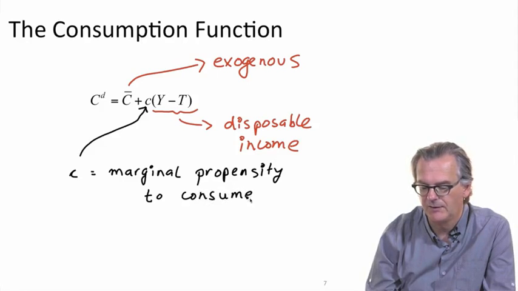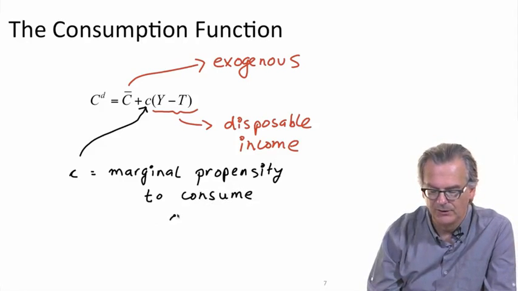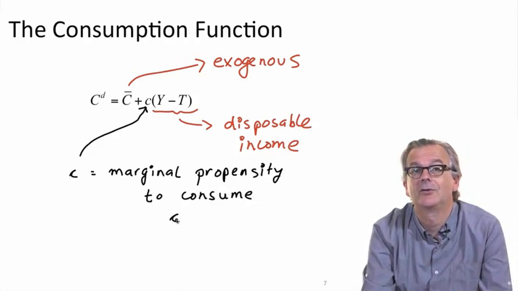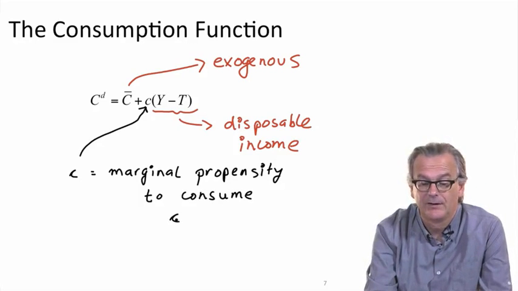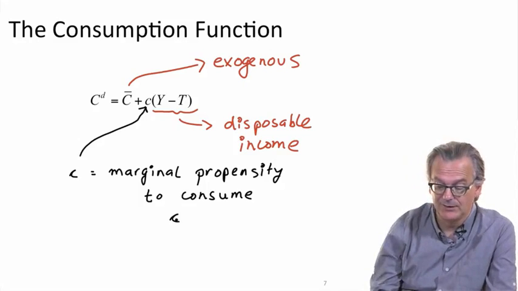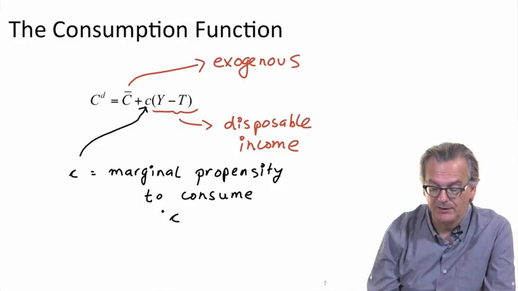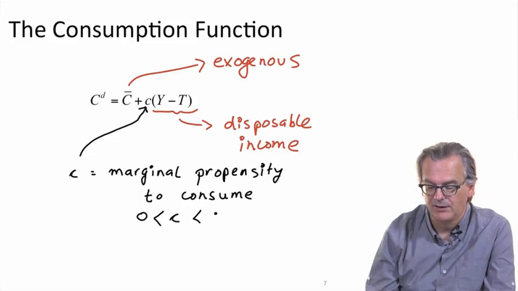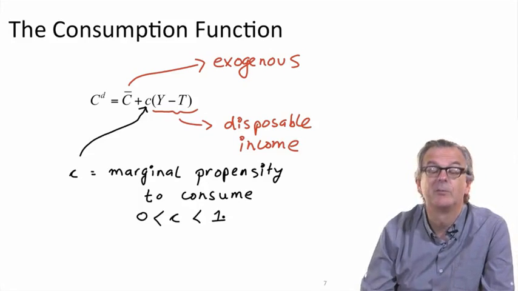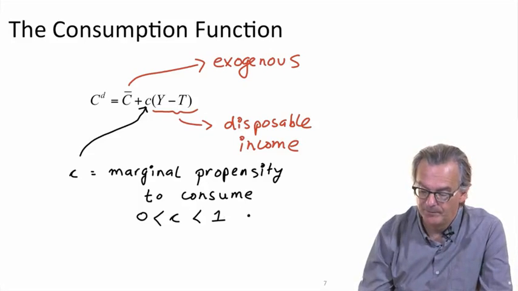I'll explain exactly what that means in a moment, but first I just want you to note that what we're actually talking about is a number. So lowercase c is actually representing a number, but there's a restriction on what values that number can take. It has to lie somewhere between 0 and 1.